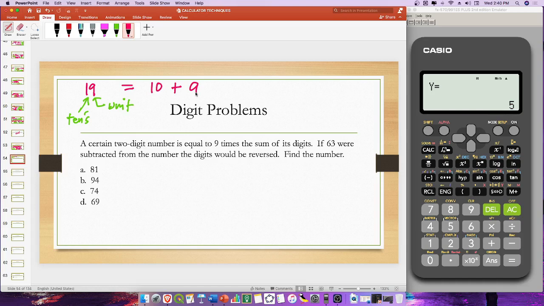So in this problem, I will show you how to deal with it using two ways. The first way is using mathematical equations, and the next technique of dealing with this problem is using the I technique. So do you know what is I technique?